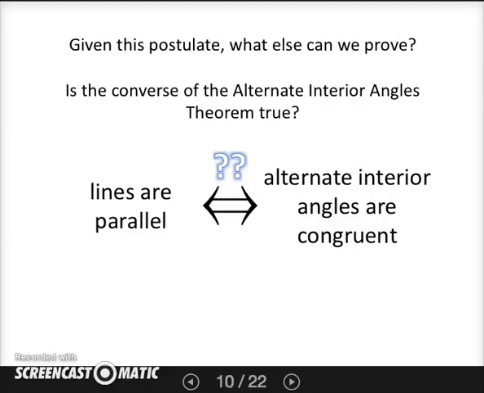So given this new postulate, what else can we prove? For example, is the converse of the alternate interior angles theorem true? We already know that if lines are parallel, then alternate interior angles are congruent. But do we know that alternate interior angles being congruent makes two lines parallel?